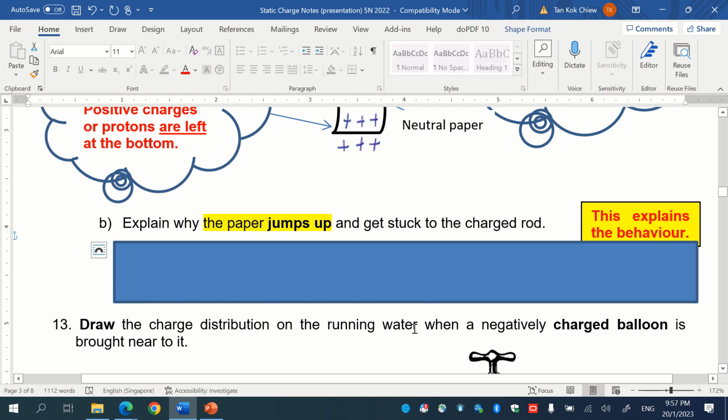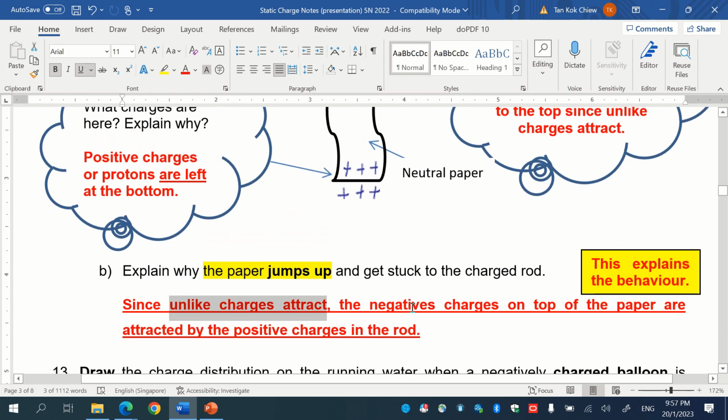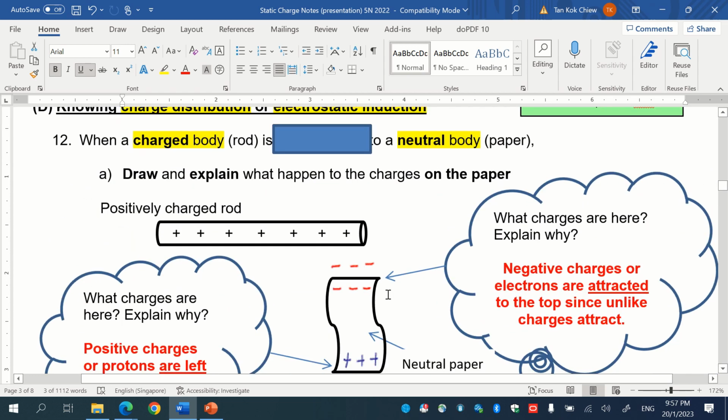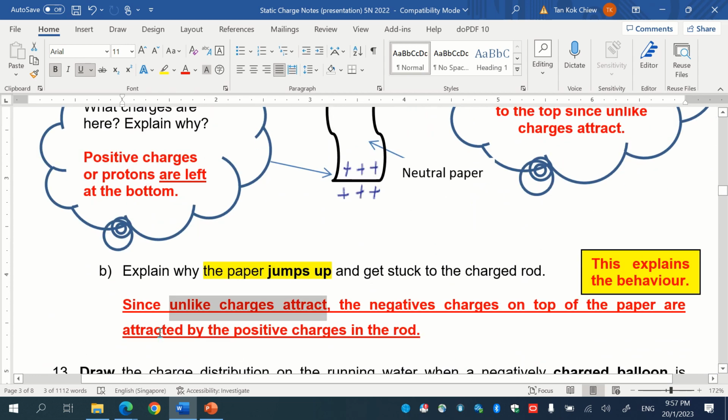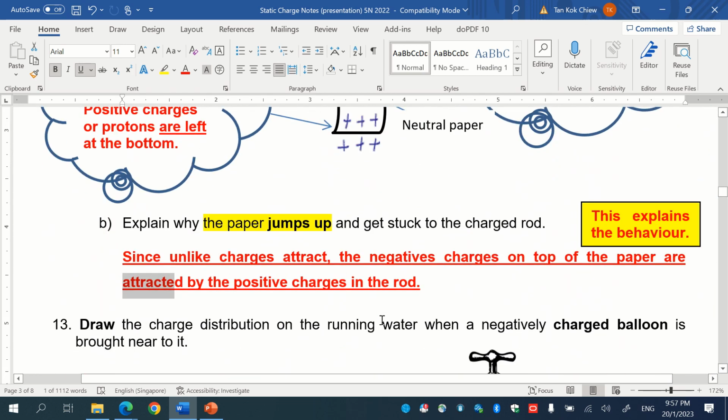So the way we say is, since unlike charges attract, put the law in first. The negative charges on top of the paper are attracted by who? By the positive charges on the rod. Okay, so write this down in your notes. This is the way we explain.